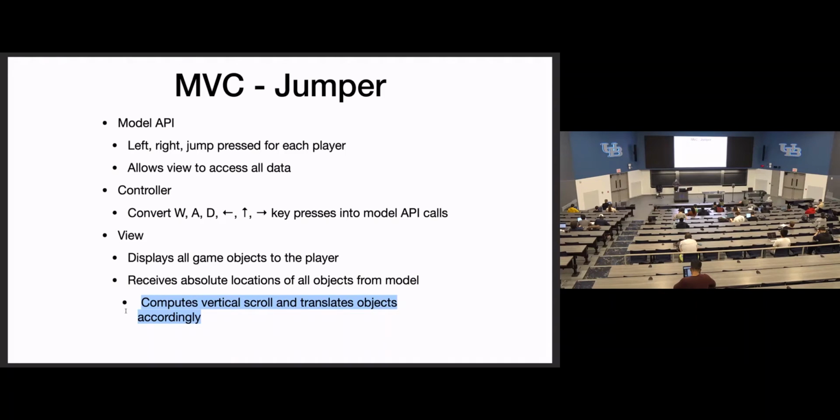The view will never affect the state of the game. The model separately keeps track of that kill line when a player is too low in relation to the other player. But the view doesn't have any processing that affects the state of the program.